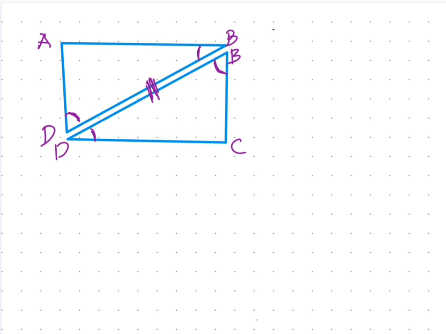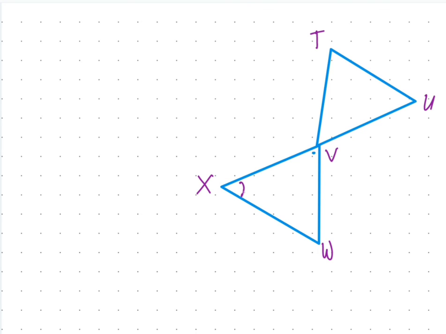There's another example here. The other one is this one, T, U, V, W. Maybe this one is X. It's given here that this one is 54, and this is 80 degrees.